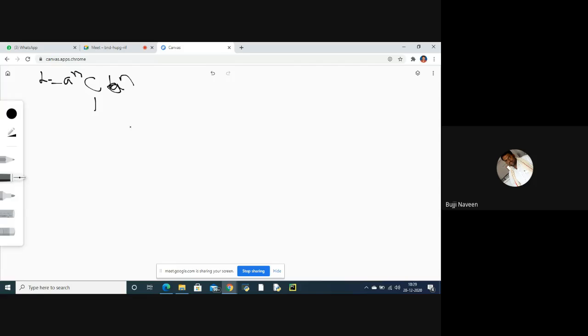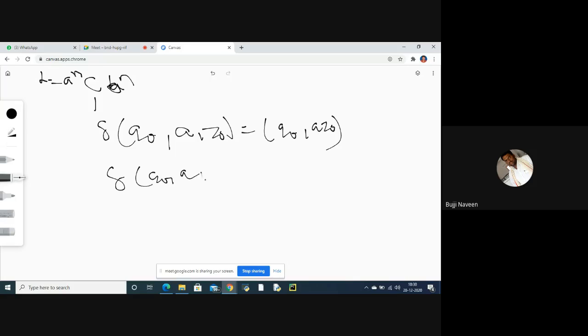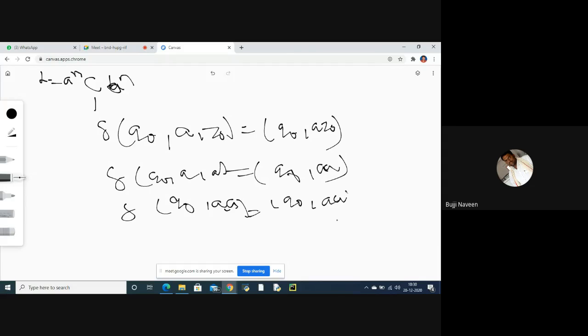The productions are delta of q0, comma a, comma Z0 is equal to q0, comma aZ0, and again delta of q0, comma a, comma a is equal to q0, comma aa. Next we have c here.